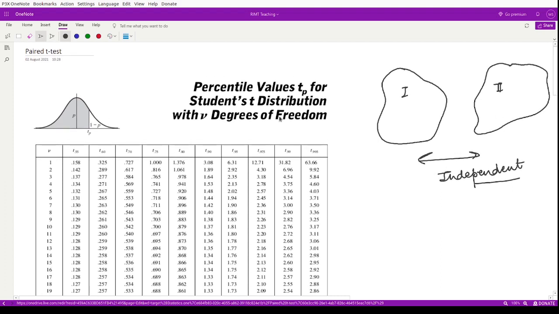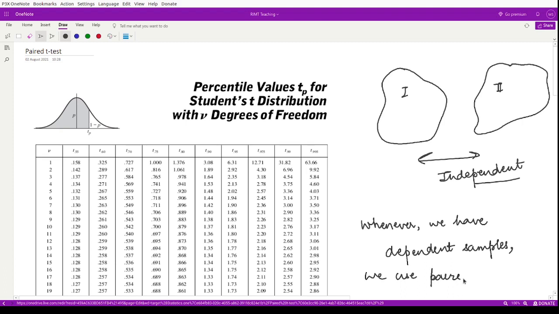However, in the paired t-test, these two samples are dependent on each other. So the effect of one sample would be seen on the second sample, and so on. Therefore, whenever we have dependent samples, we use the t-test, in fact the paired t-test.